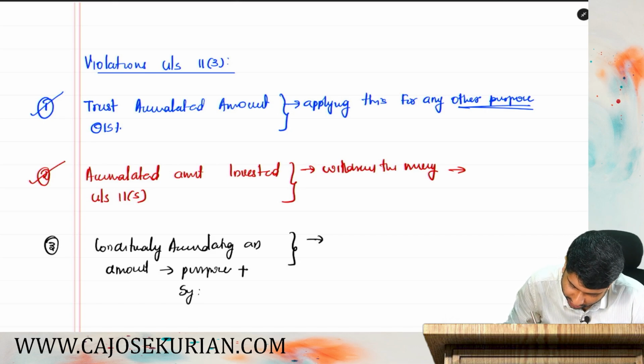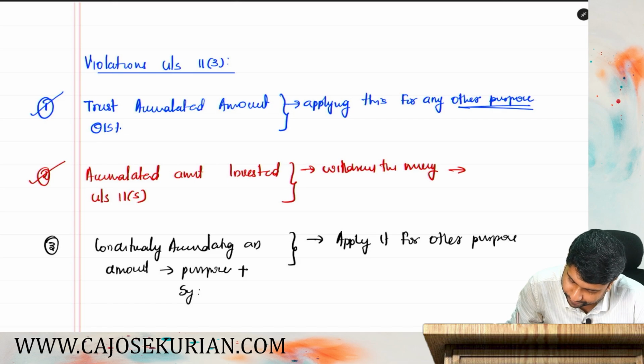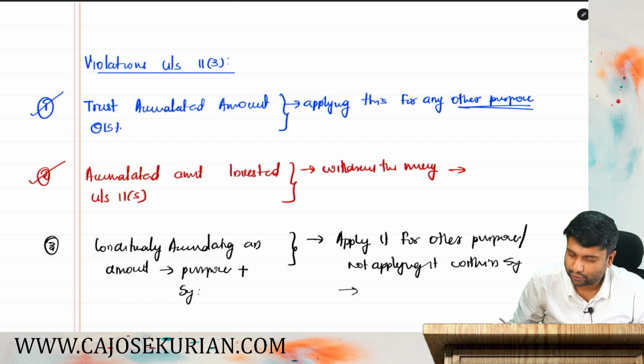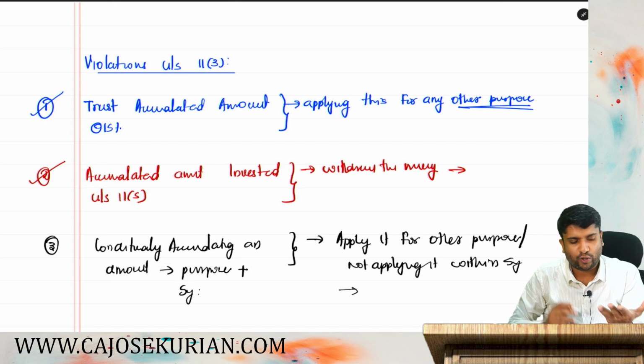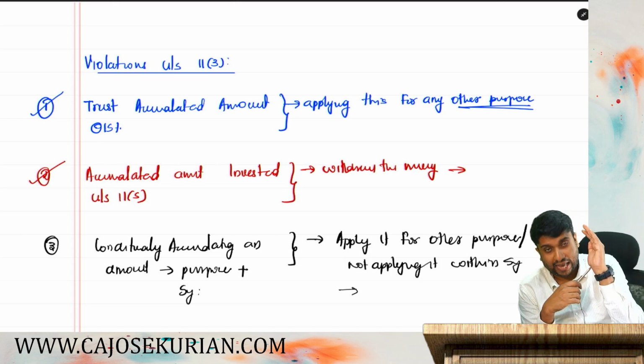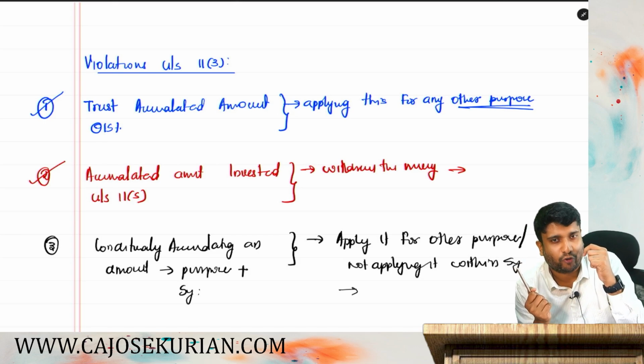Now, if you are applying it for another purpose, or if you are not applying it within 5 years, in both cases it will be considered again a violation. You have to apply it for the respective purpose only, and you have to apply it within 5 years as well. Both have to be followed.